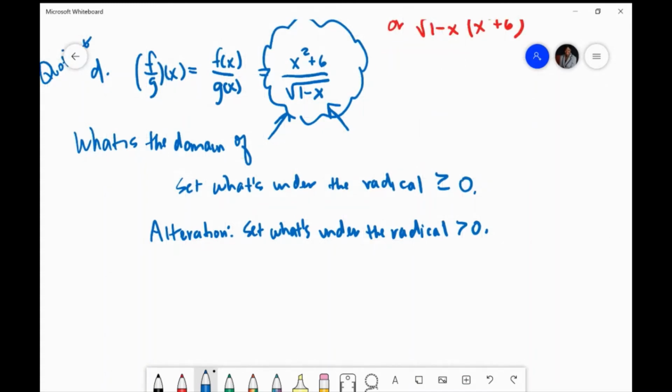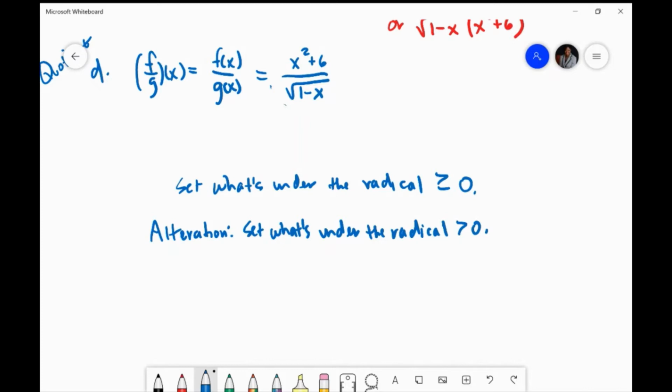Miss Thomas, I'm kind of confused. What's the difference between how we usually would set it and the alteration that you just said? All right. Well, let me erase this. Normally we would have a regular question: what is the domain of the square root of 1 minus x? That's normally the question.